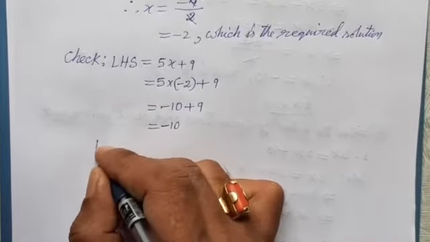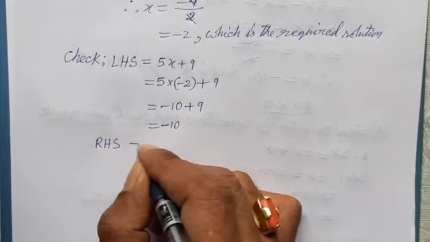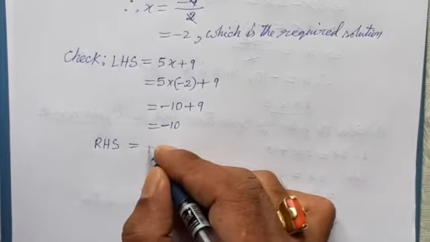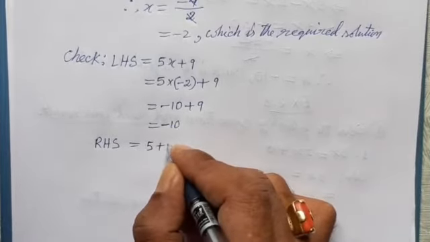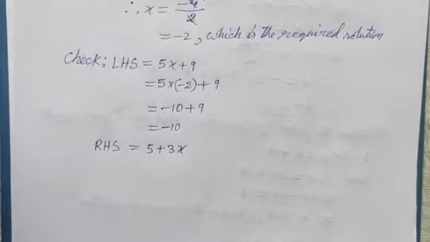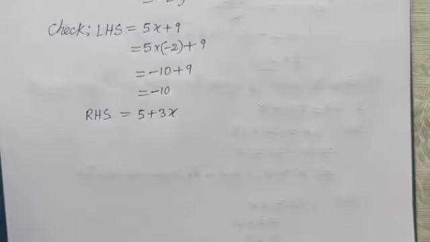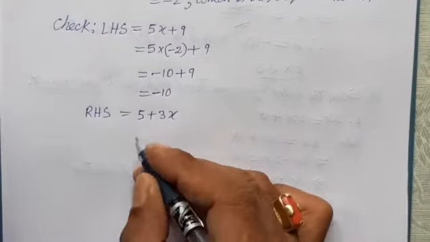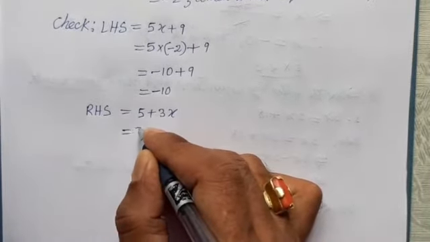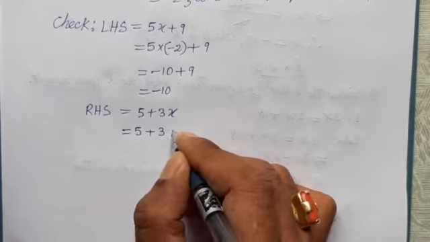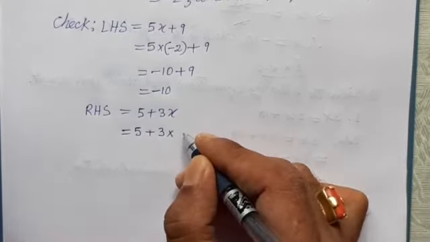Now right hand side. Right hand side is 5 plus 3x. This is right hand side, so 5 plus 3x. Next is equal to 5 plus 3 into, the value of x is minus 2.